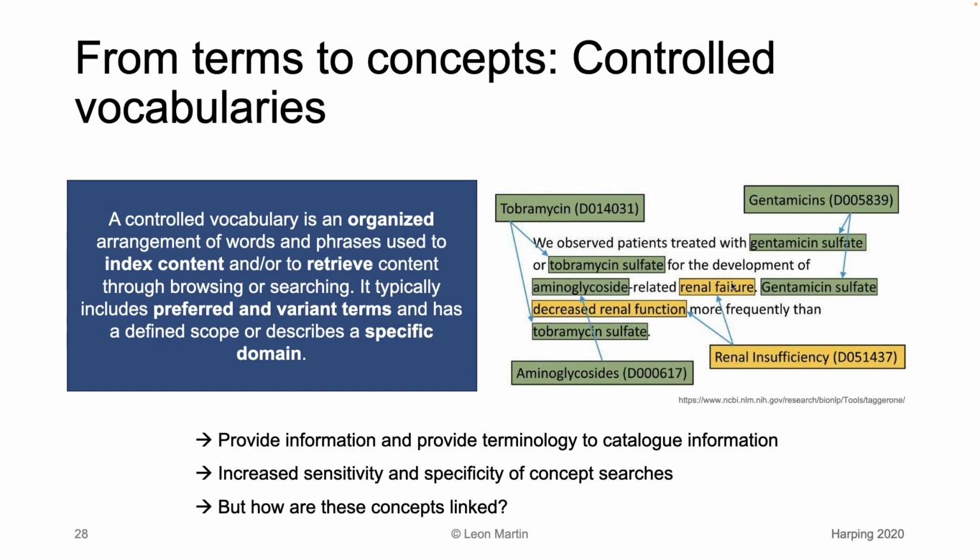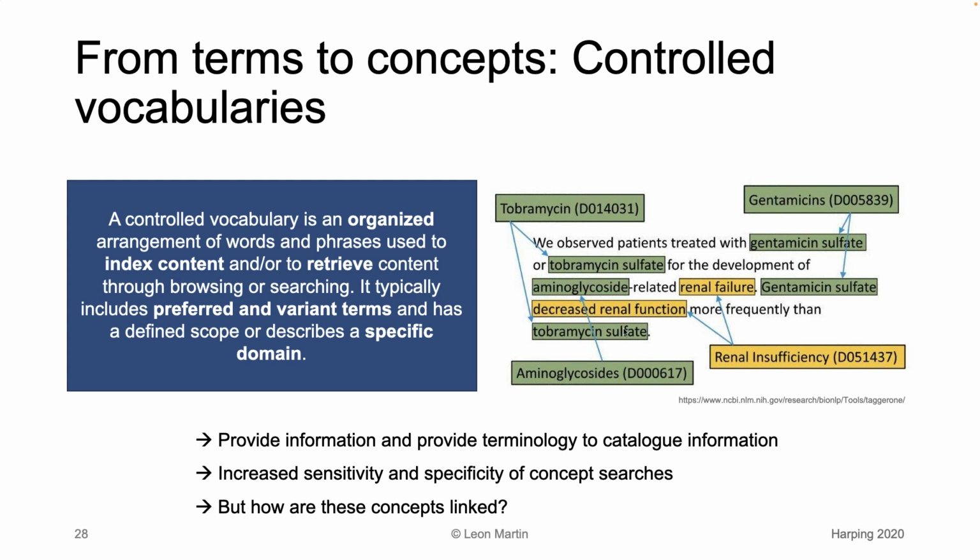So the controlled vocabulary is an organized arrangement of words and phrases used to index content and to retrieve content through search mechanisms. It typically includes preferred and variant terms, as I've talked about, and has a defined scope or describes a specific domain. In this really basic example, we have a preferred term, renal insufficiency, which is a unique identifier.